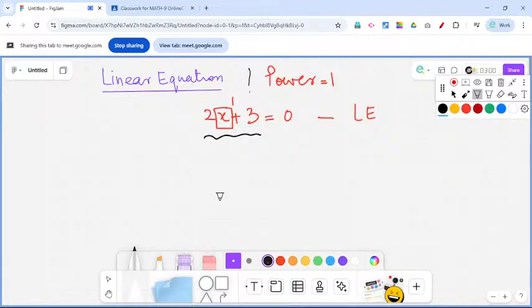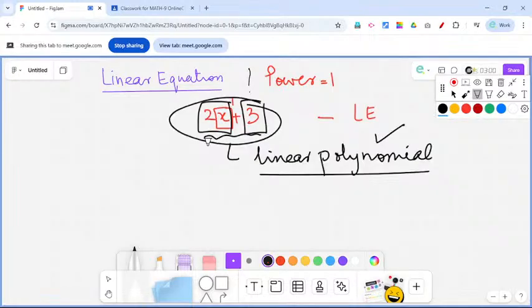What has this become? Linear polynomial. Polynomial because it has more than one term. This is one term, this is another term. So it's a polynomial, and because the power of the variable is 1, therefore it is called a linear polynomial.